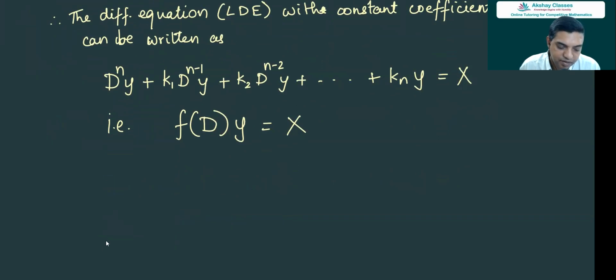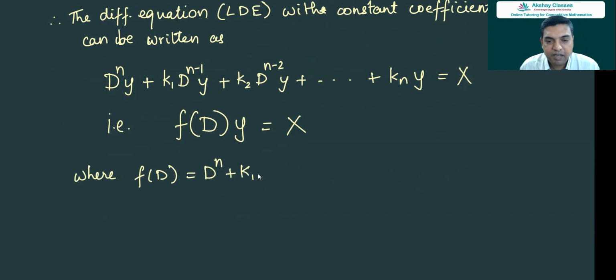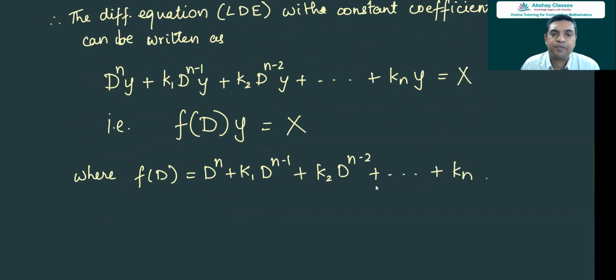All right, where f of D is D power n plus k1 D power n minus 1 plus k2 D power n minus 2 plus ... plus kn.